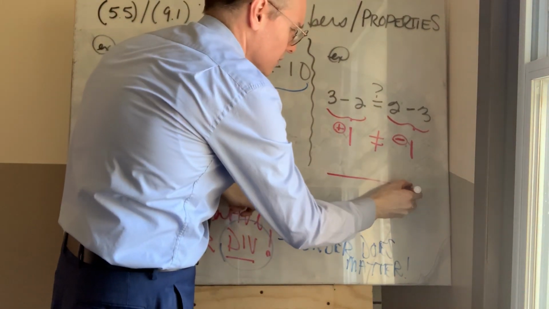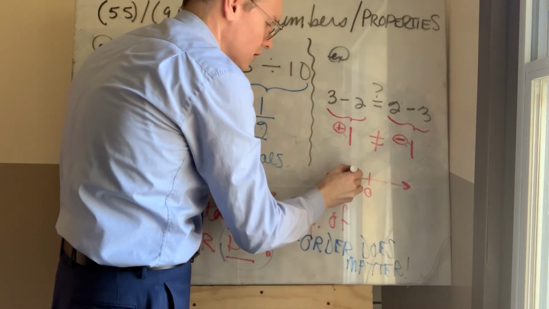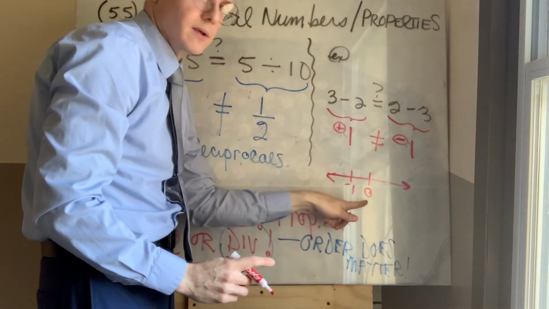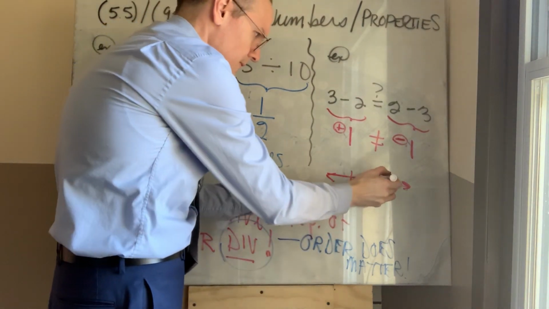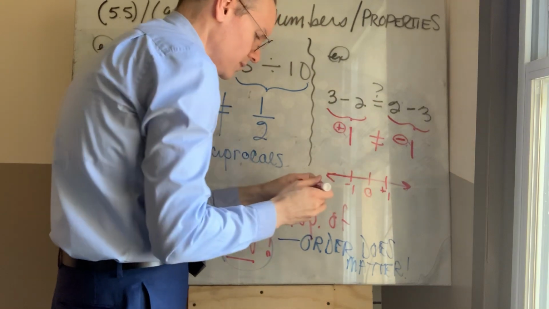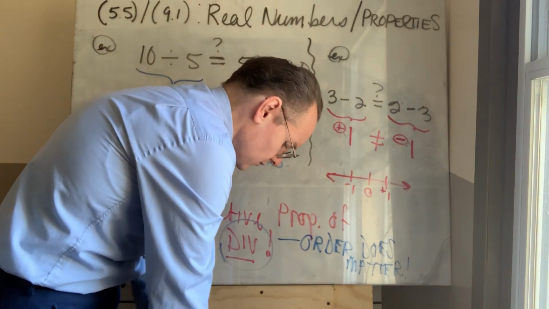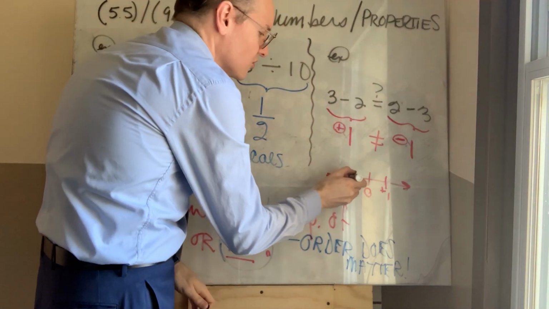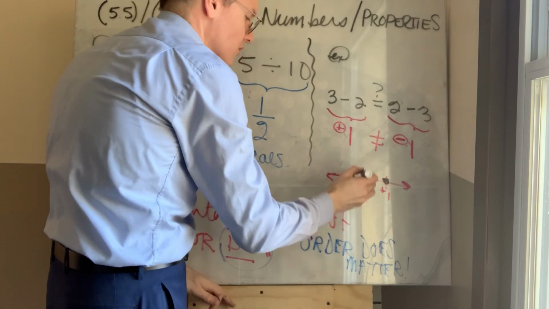In terms of a number line, do note where they would be located. -1 would be on the left in respect of 0, and +1 would be on the right in respect of 0. These are two different locations.